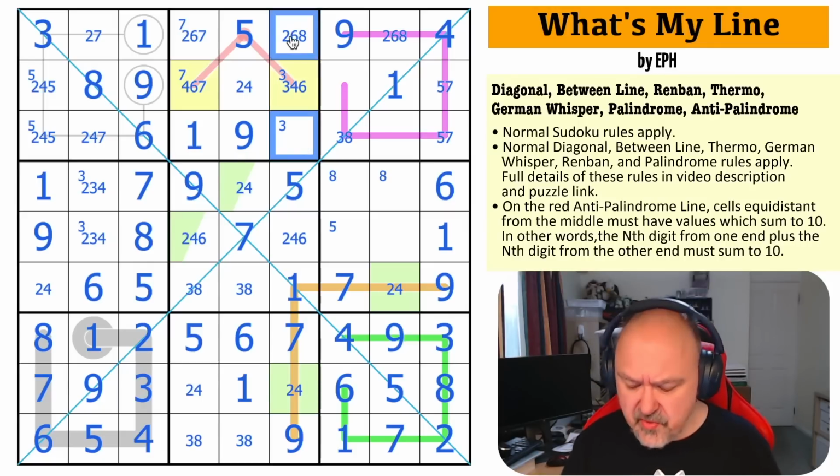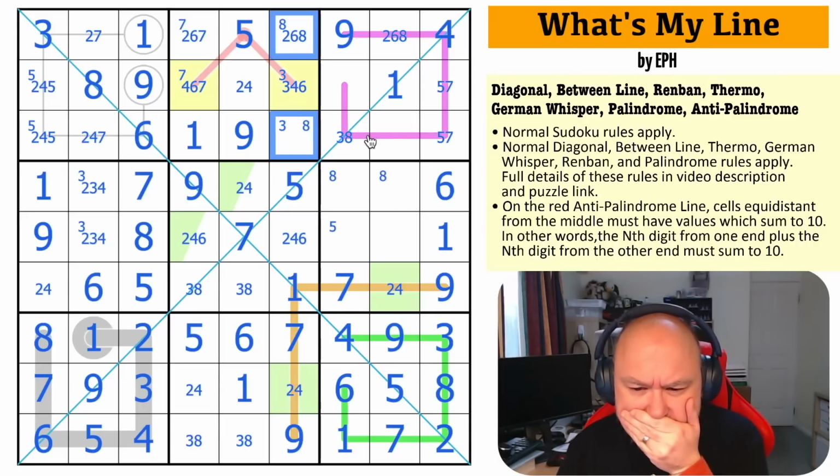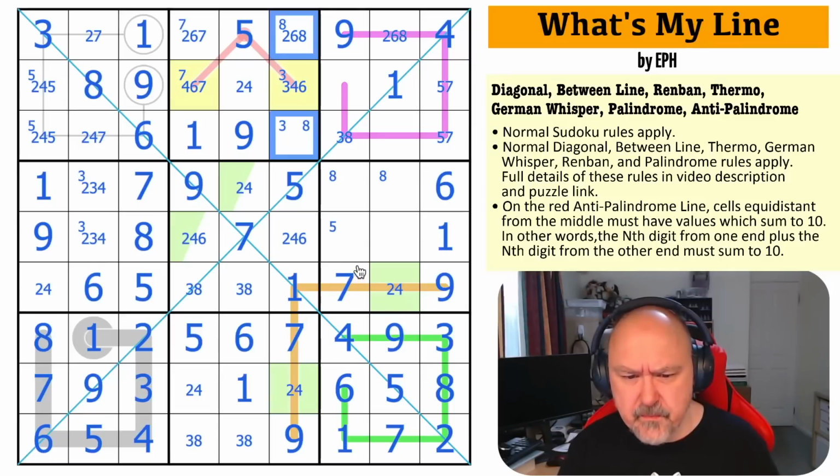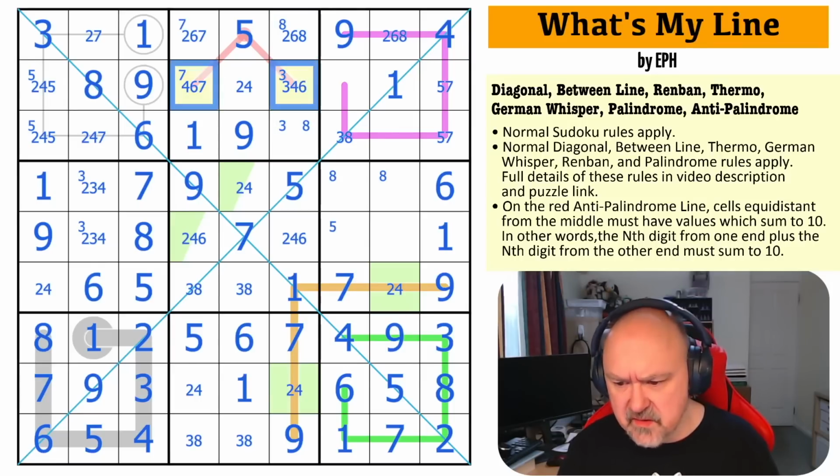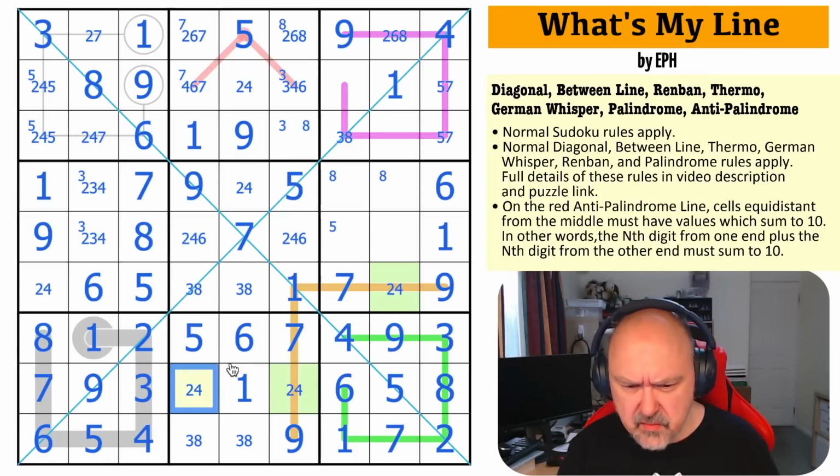8 is in one of those two. Am I doing colouring at this point? So let's get rid of the yellow colouring. This is a different... I'm going to get rid of this as well. This is a different 2-4. Again, I'm going to use yellow. This is a yellow 2-4.